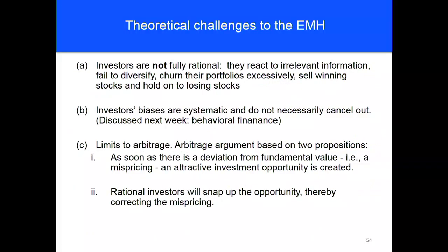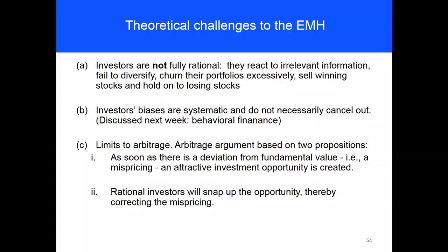So what then are the theoretical challenges to the efficient market hypothesis? Those were the arguments in favor of the efficient market hypothesis. On the other side, they say, well, investors aren't fully rational. They react to irrelevant information, they fail to diversify, they buy and sell too much, they sell winning stocks and hold on to losing stocks.